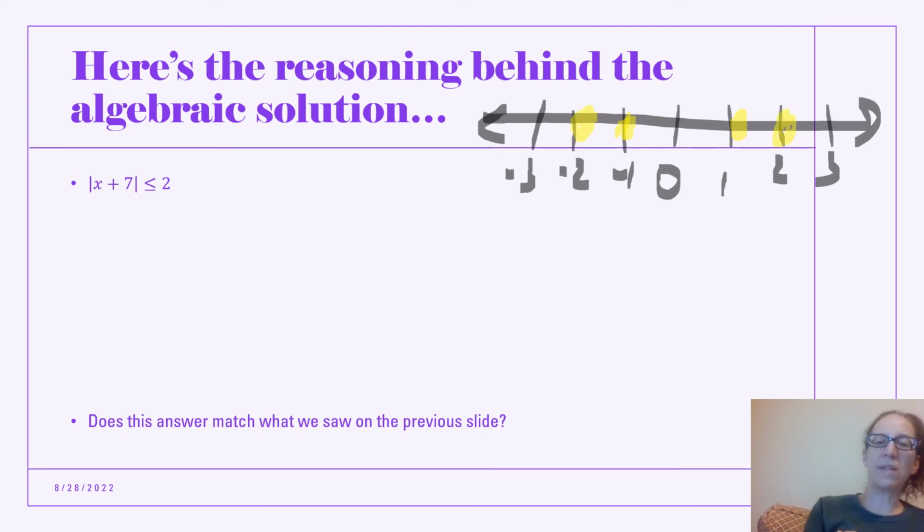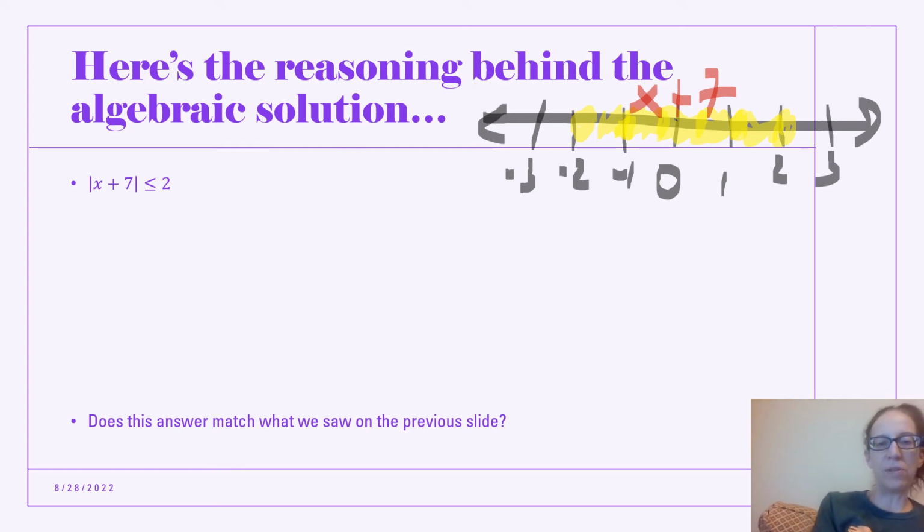And then everything in between, like 1/2, the distance is less than 2. -1/2, the distance is less than 2. And what you've got here is basically all of the numbers in between -2 and 2. So x plus 7 has to be wedged in between -2 and 2.